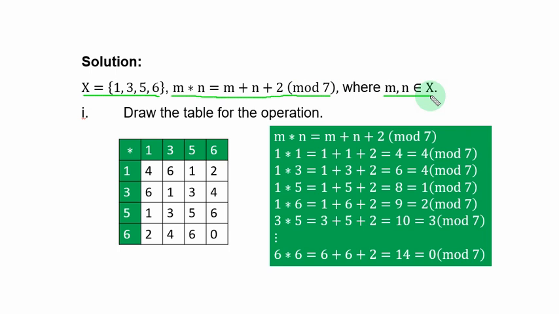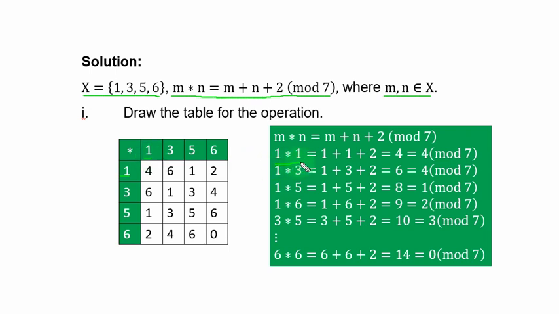The operation has 4 elements, 1, 3, 5, 6, which you arrange column and row wise. You take the first element in the first row, that is 1, and the one in the first column, that is 1 asterisk 1, what you have here.